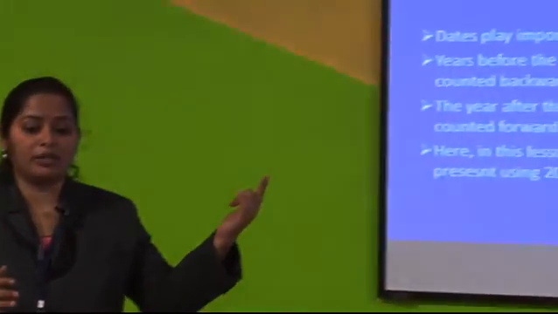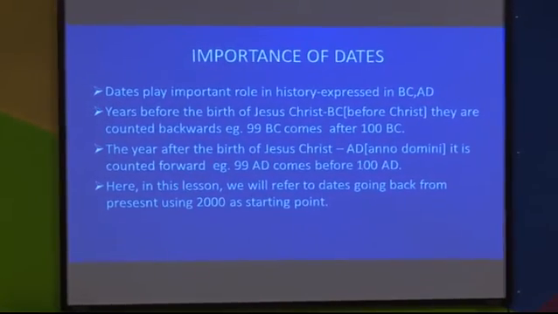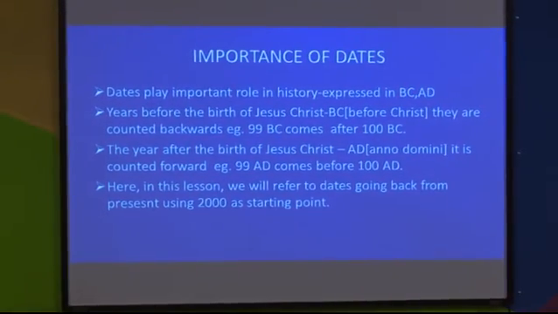In BC, we count backwards. For example, 99 BC will come after 100 BC. See children, remember this properly, okay? 99 BC will come after 100 BC. But for AD, 99 AD will come before 100 AD, right?